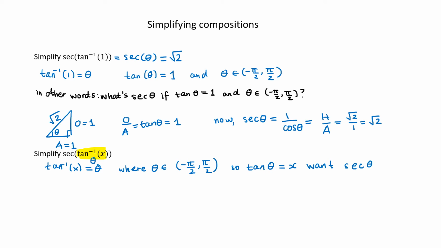Again, we can build a right triangle, a reference triangle, for this angle theta. The tangent of theta, which is the ratio of the opposite over the adjacent side, needs to be equal to x. One fast way to make this happen is to make the opposite side length x and the adjacent side length 1.